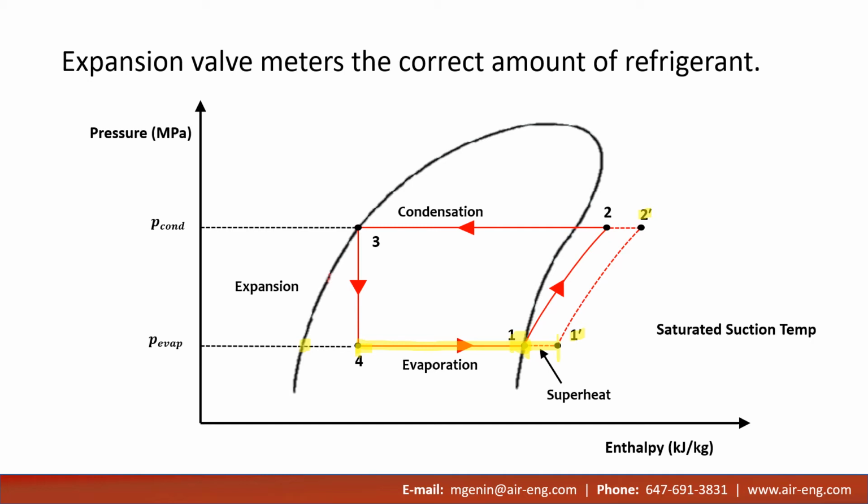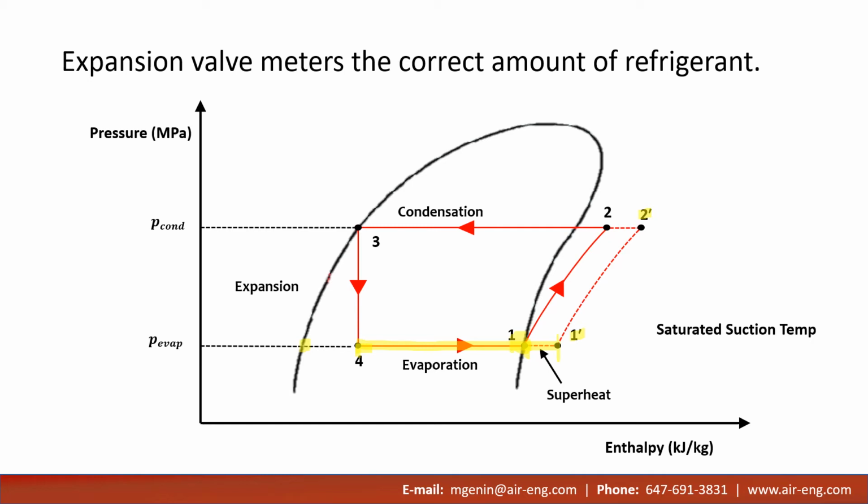If our superheat is too much, we are wasting energy. The expansion valve has restricted the flow of refrigerant and it's impeding the compressor operation. So the expansion valve will open to allow a little bit more liquid refrigerant to enter the evaporator. And this means you'll get more evaporation, less energy left over for superheat, and the superheat will decrease.